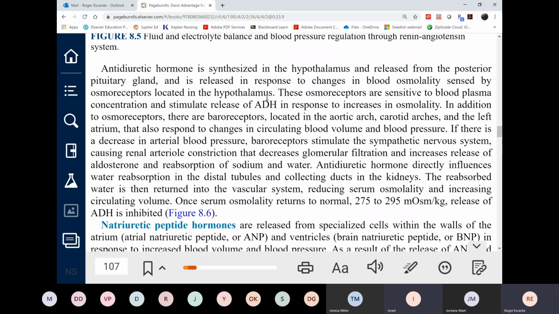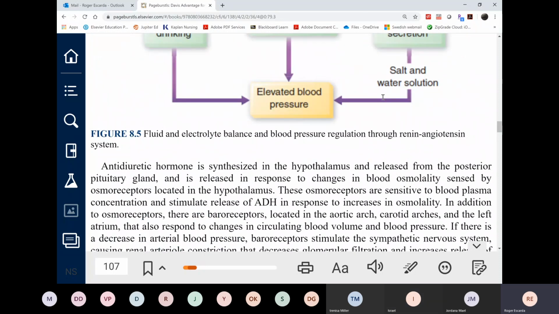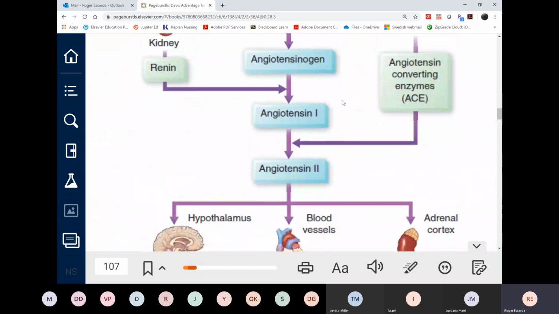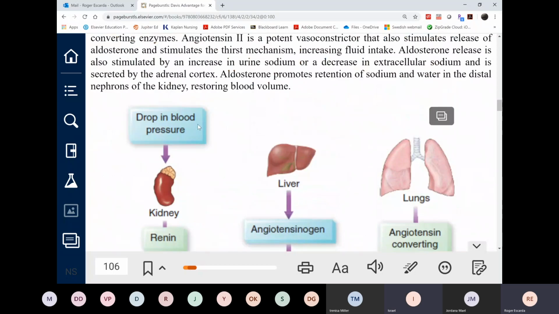So this also plays a role in regulatory or compensatory mechanism. So in periods of the same thing, you have low blood pressure, low blood volume, low oxygen, low sodium levels.